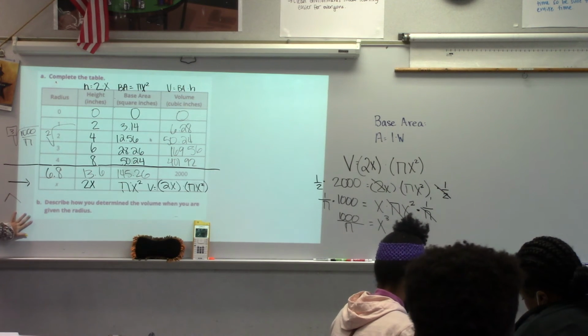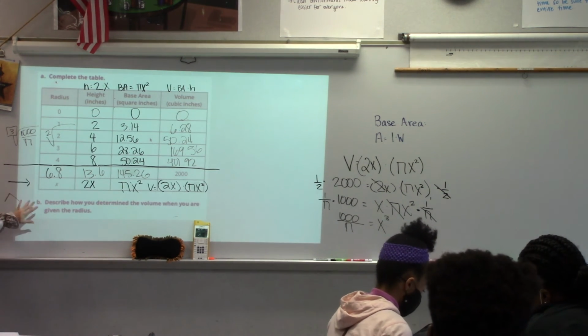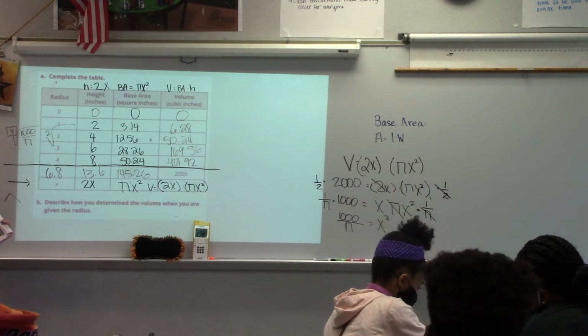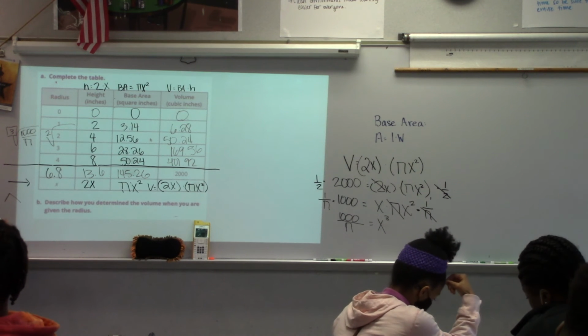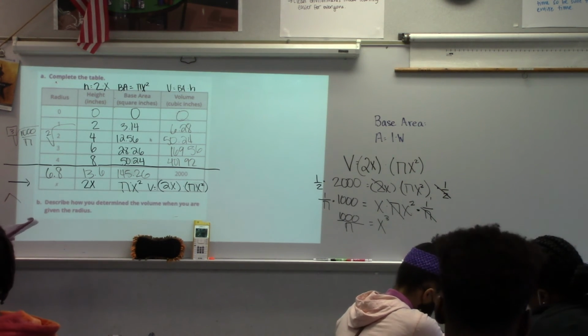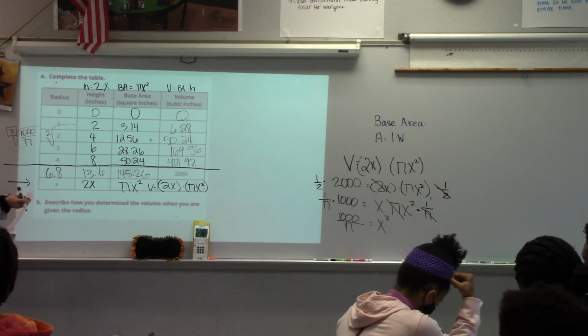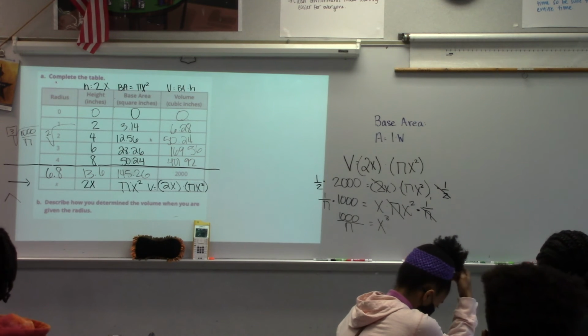So in B, it's asking us, how did you determine the volume when you're given the radius? Let me get a different color.